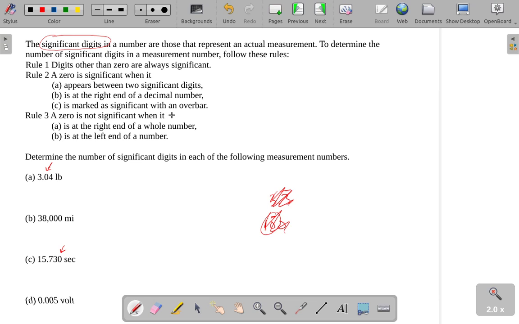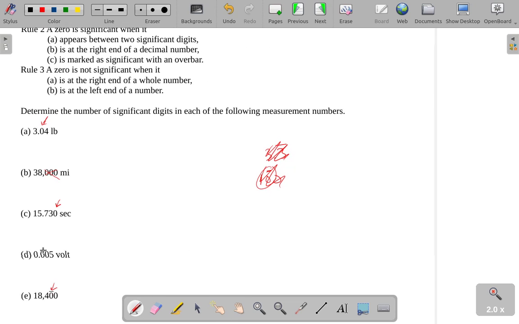Alright, so rule 3 goes out of the way to specify when zeros are not significant, and basically it's every other time we see the zeros. So if it's at the right end of a whole number, like these ones right here in part B, those 3 would not be considered significant. And then if it's at the left of a number, so on this one right here, not just that 0, all 3 of those zeros would be considered not significant.